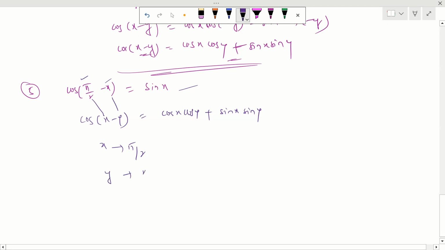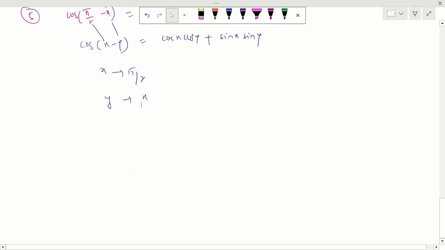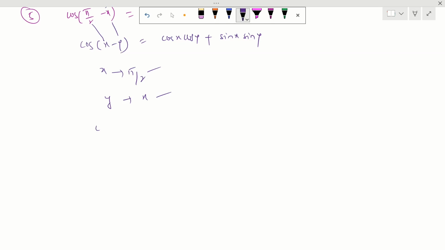We have to replace x by pi by 2 and y by x. Therefore cos x becomes cos pi by 2 and cos y is cos x, and sin x becomes sin pi by 2 and sin y is sin x.